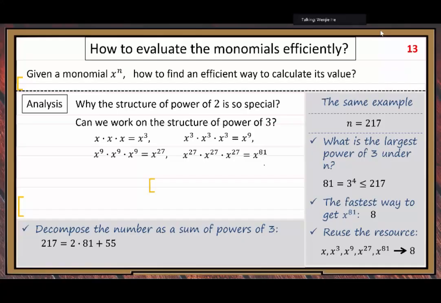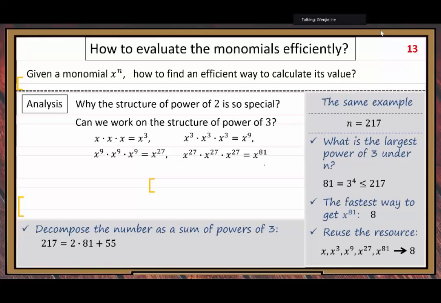Because this time our base number is 3. The coefficient 2 is less than 3. That means you can use x to the 81st twice, not just once.